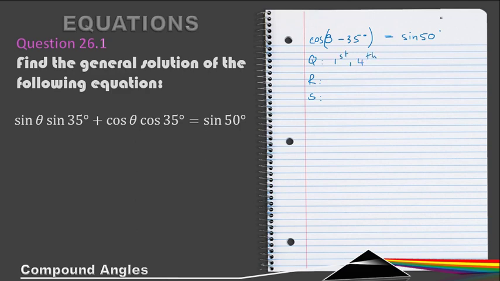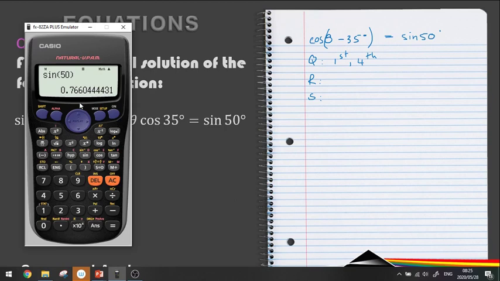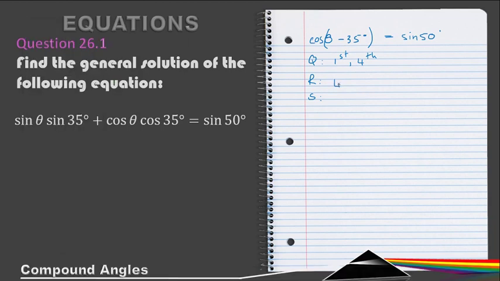And our reference angle is then just the shift or the inverse of cos of that number. So if I say shift cos of sine 50. Oops, I think I put one too many brackets. Yes, that's 40. 40 degrees is our reference angle, and now to solve for the first quadrant, it's just the reference angle.